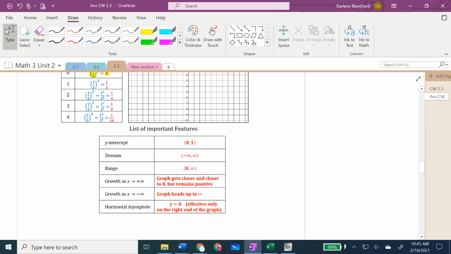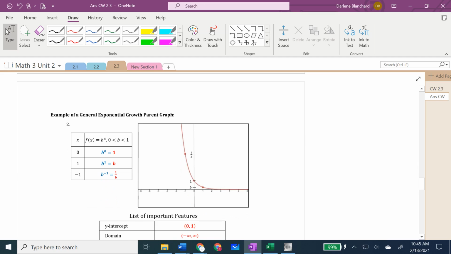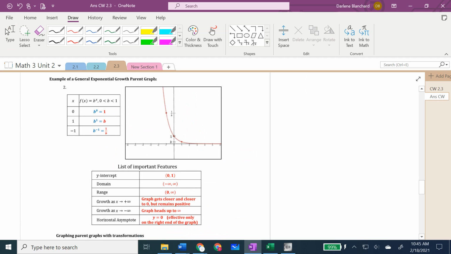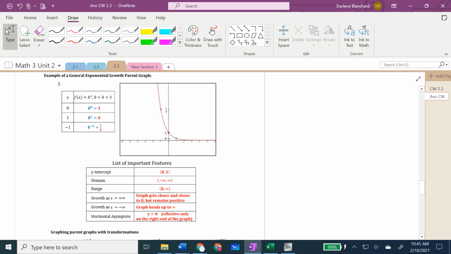And just understand these issues, and I need to then go over here. I need you to draw this graph on your own. The important points are the intercept of 1, and then you can choose which of the other 2 points you prefer. Do you prefer plotting a fraction, or would you rather flip your fraction?